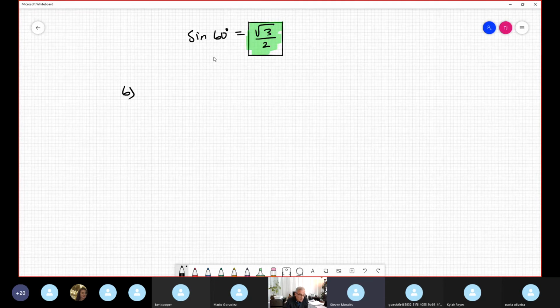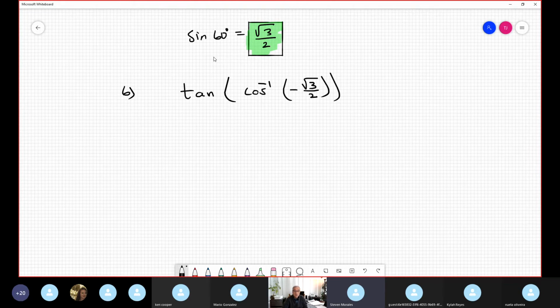Okay, 6 is tangent of cosine inverse of negative radical 3 over 2. When you see negative, I am super scared. But okay, don't worry. Entonces, I declare cosine inverse of negative radical 3 over 2 is theta, ¿no?